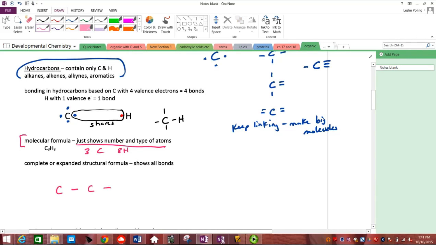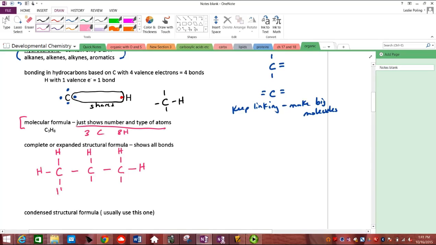we've got 3 carbons connected with single bonds. And each of them must have 4 bonds. So our hydrogens are round like that. And that is a complete or expanded structural formula.